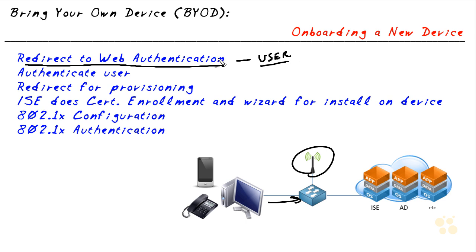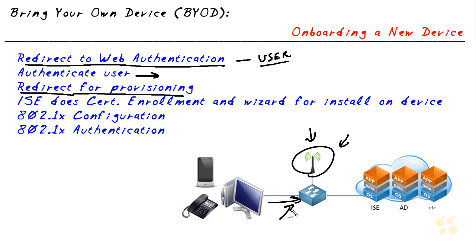And for the details on setting up that redirection for web-based authentication, I would refer you to the nugget with that same exact title called Web-Based User Authentication. And then once we've authenticated the user and we know who the user is, we could redirect the user for provisioning. So if this is a wireless network, perhaps our guest wireless network has the components ready for the provisioning.